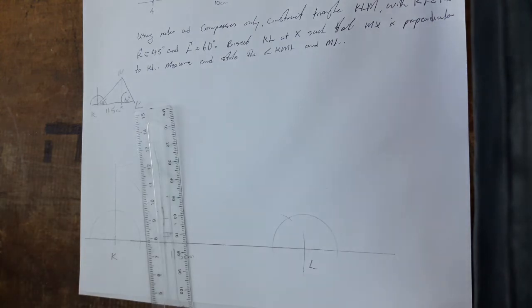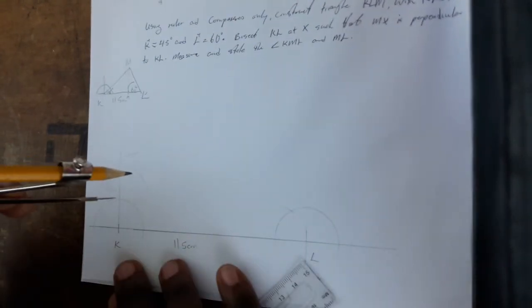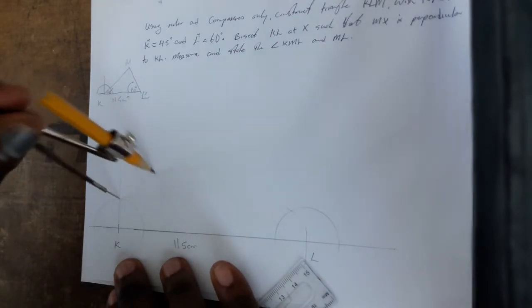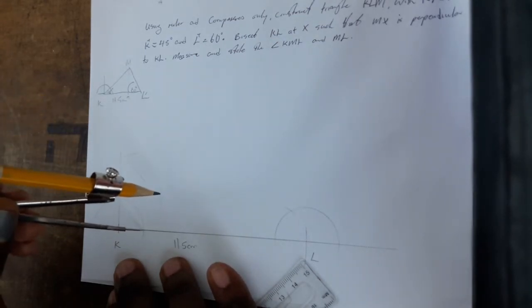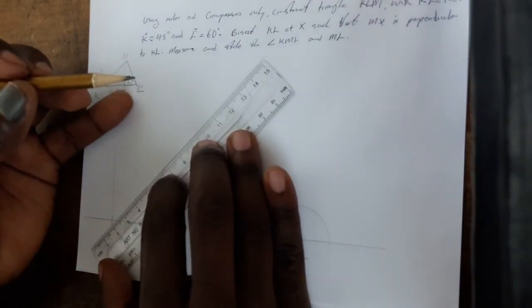That's my 90, and this will be my 45. I go to 90, scribe there, go to 0, scribe there, and that's my 45. So I'm almost done.